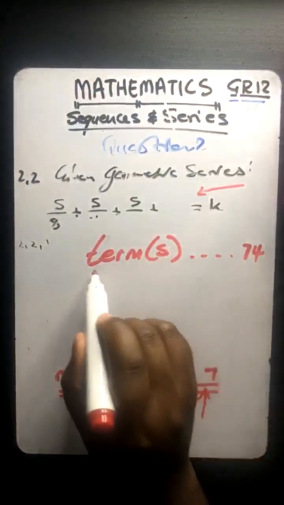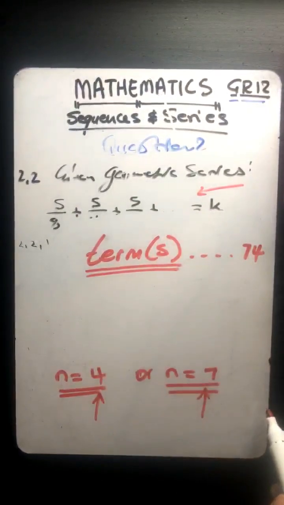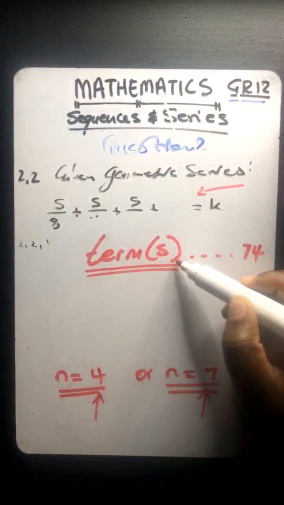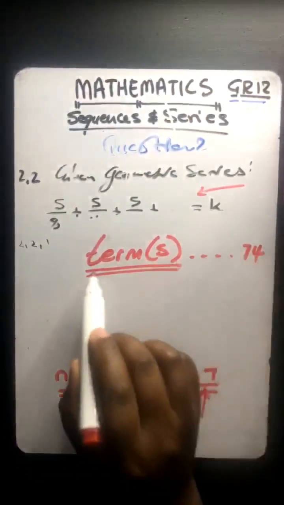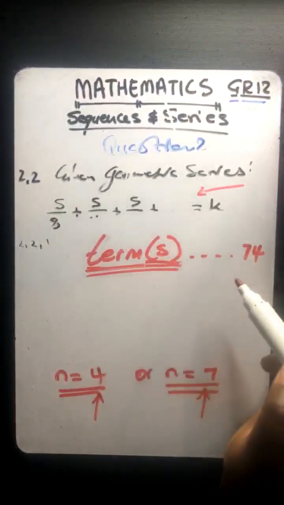This is where that comes in. So when something is written in this way, it means you can have either one term or more terms.